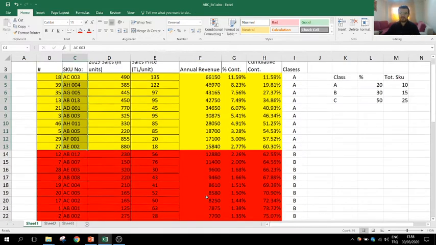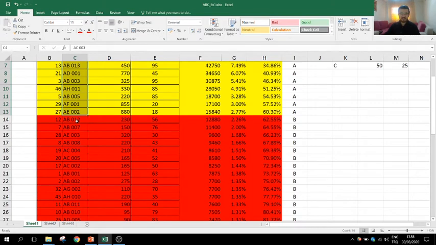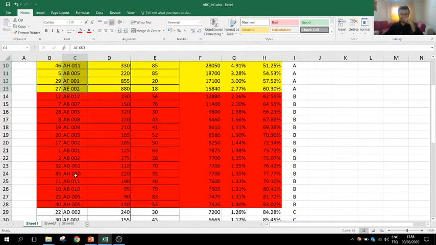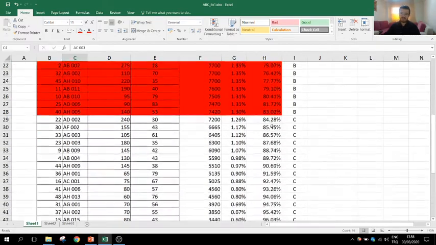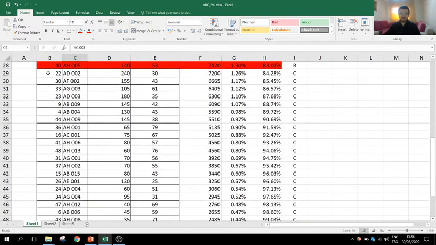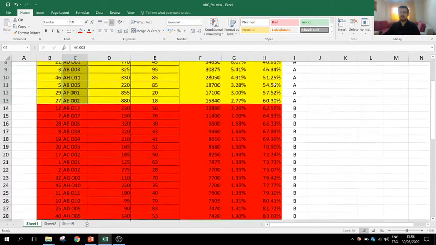And then 15 SKUs, which are these red colored SKUs, generated almost 21 percent of revenue in 2019, and the last 25 SKUs are these, and they had almost 16 percent contribution to my revenue.